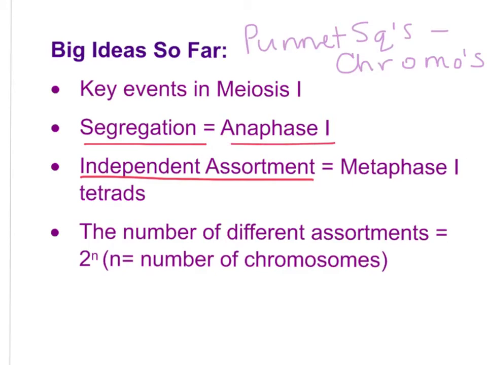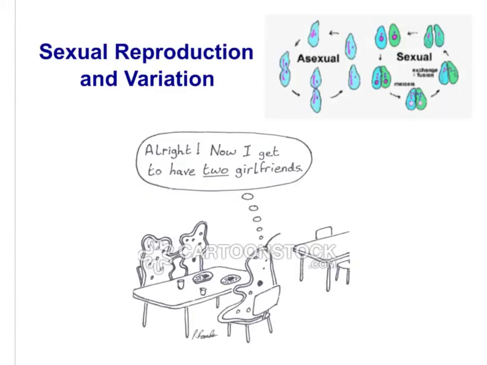Also, the very last thing to remember is that the number of different assortments is just 2 to the n, where n equals the number of chromosomes. So in a fruit fly, it'd be 2 to the 8th power. That would be how many different assortments could happen for the gametes of that individual. For human beings, it happens to be 2 to the 23.